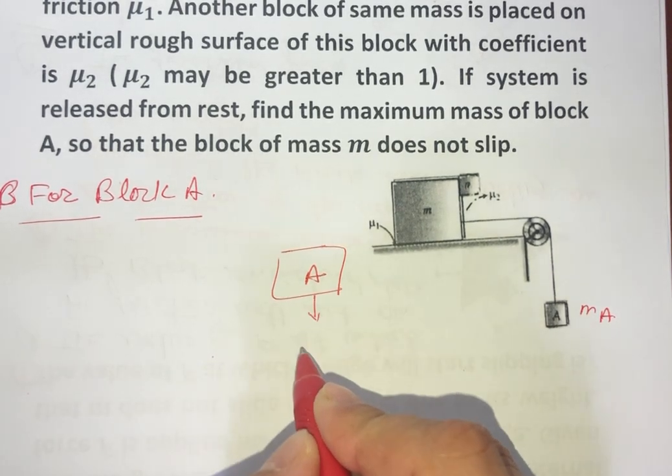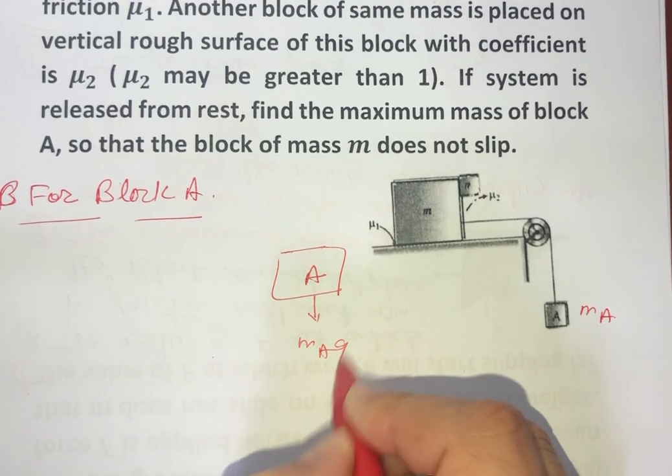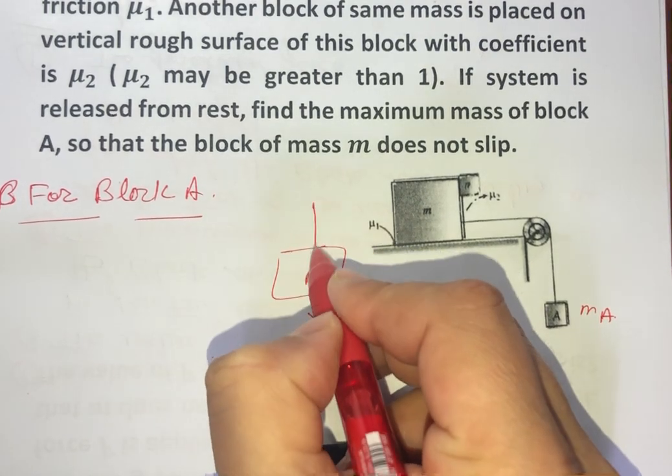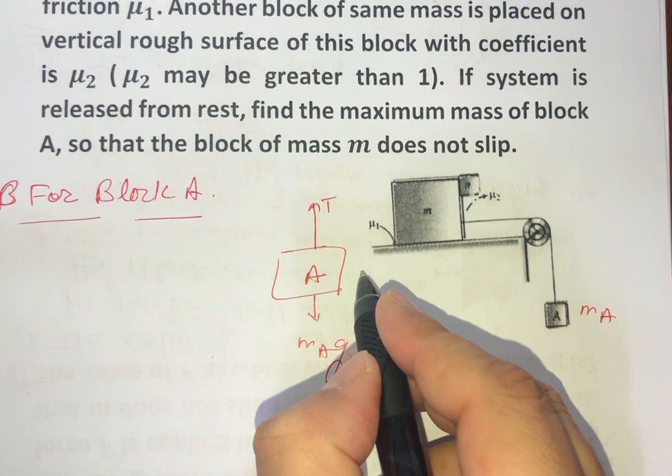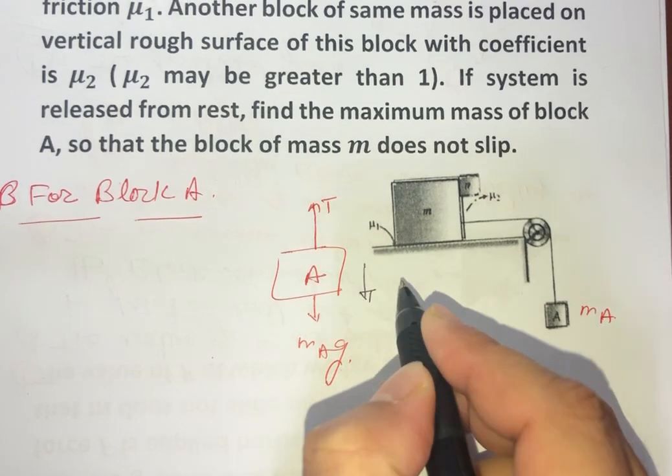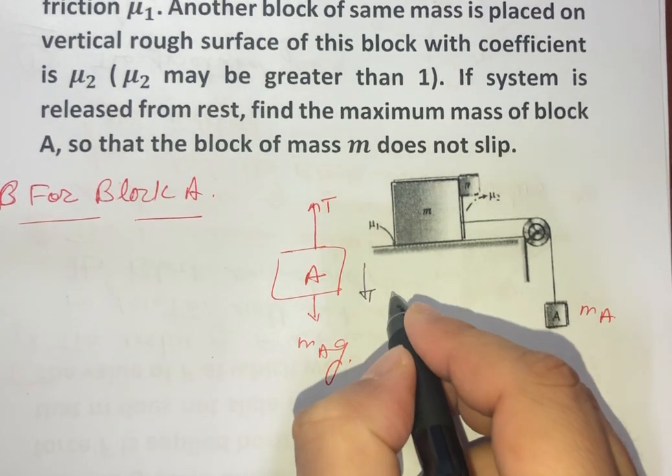So in the downward direction it is going to have MAG, and in the upward direction there will be tension T, and we assume that it is moving in the downward direction with an acceleration A.